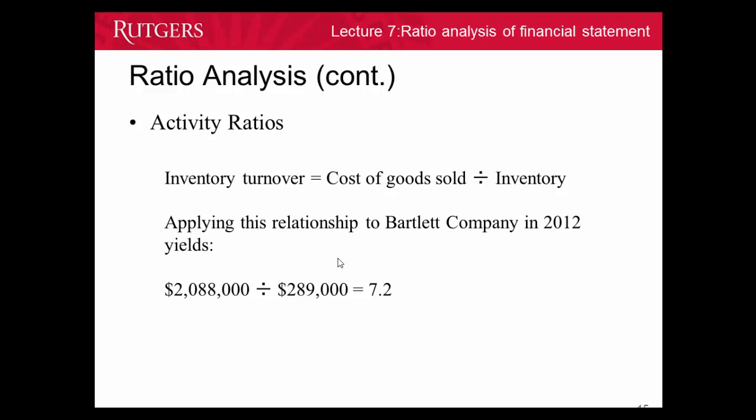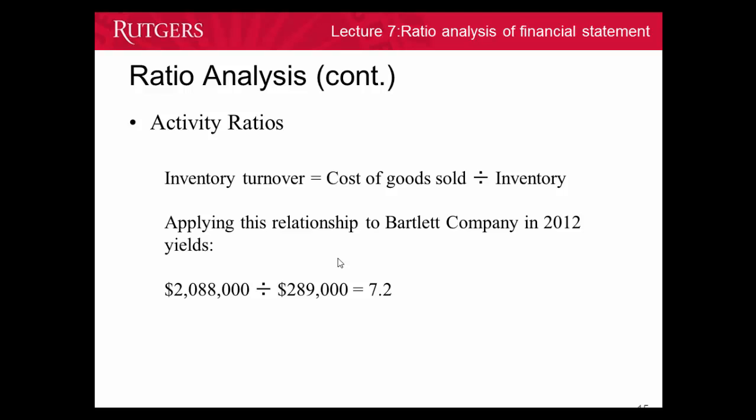These ratios are important in determining whether a company's management is doing a good enough job of generating revenues, cash, etc. from its resources. The first ratio is inventory turnover.